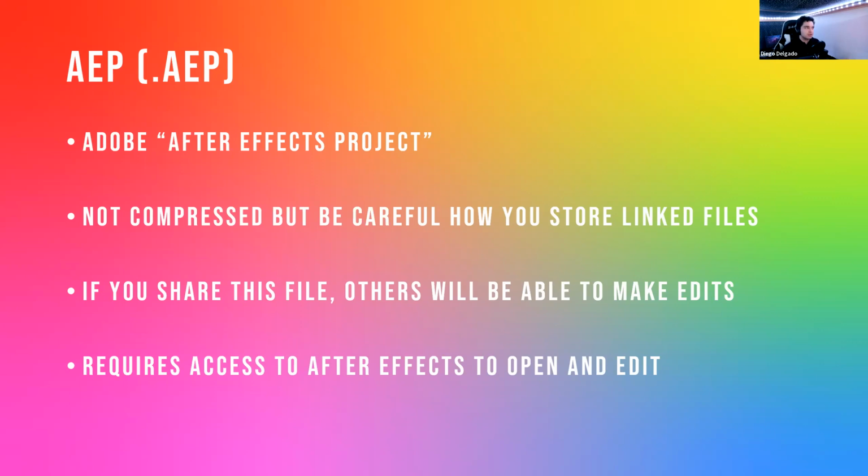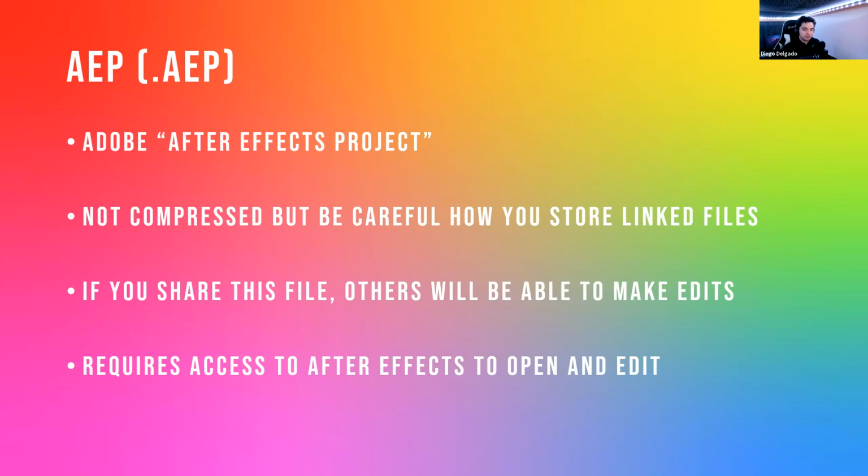And then let's say you put your After Effects file on a flash drive and you go and try to do something with it on another computer. If you didn't also bring those video files over, then the After Effects file is now trying to access links that are not stored with the file.